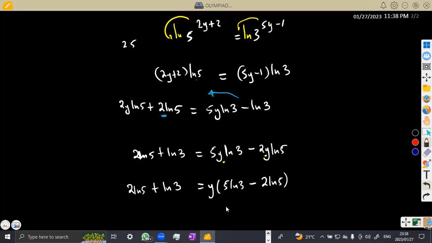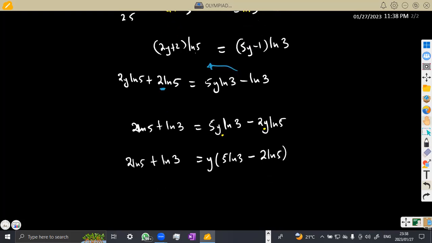To find y, you have to divide both sides by the expression affecting y here. Therefore, y is equivalent to 2 ln 5 plus ln 3, everything over 5 ln 3 minus 2 ln 5.